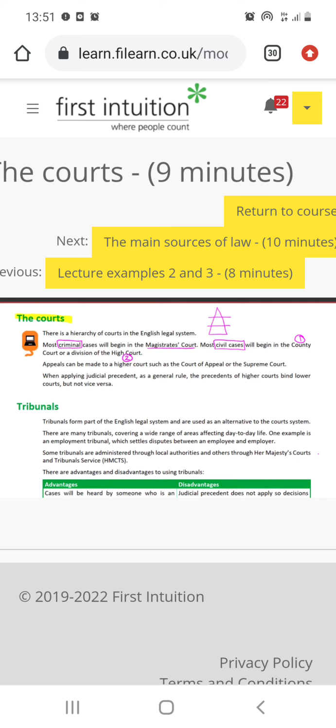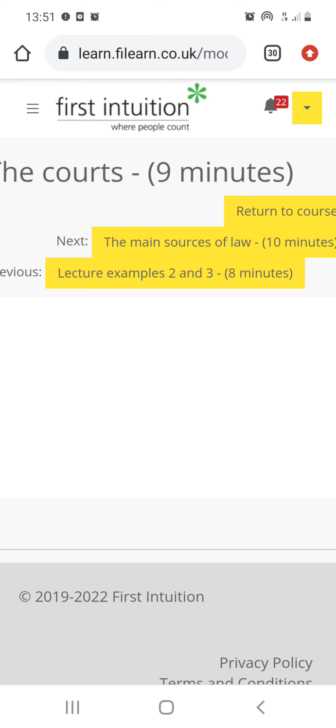Let's look at a little bit more detail about our county courts or the High Courts. So the first one, as the notes mentioned, most civil cases start in our county court. And this is known as the Court of First Instance.